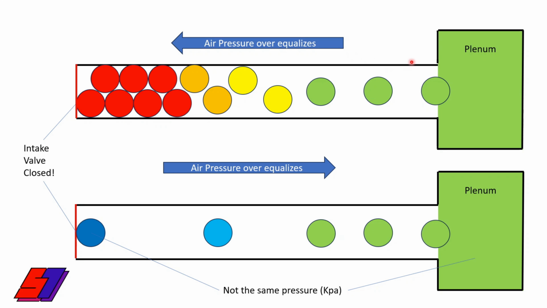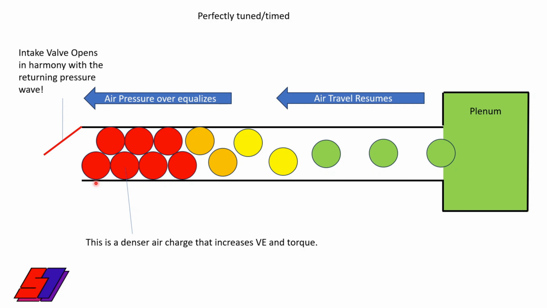Then we have the same situation where due to pressure we're pushing air back in, and then it goes back out again. As long as this is closed, we're going to have these oscillations of that pressure wave going back and forth. So ideally, whenever that pressure wave returns after it's bounced around a few times, the intake valve is going to be open and it can accept that pressure from the intake runner.